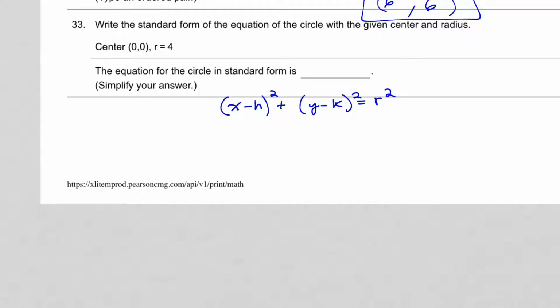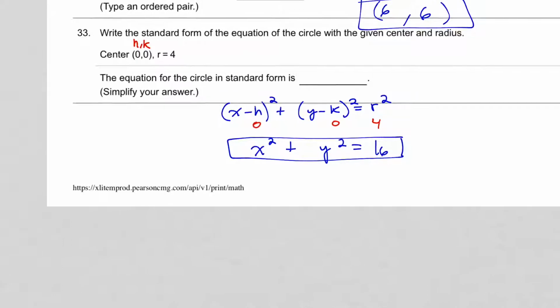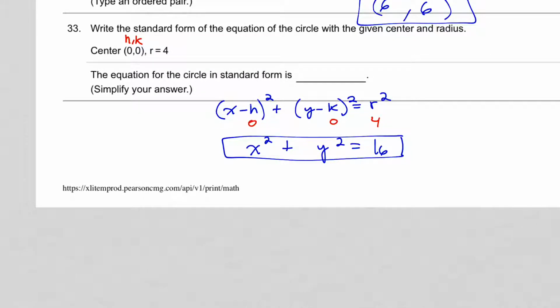So here we have our center h comma k, and we have our r, so we're going to put our h right here, k right here, and our r right there. So x minus 0 is x, so that's just x squared. y minus 0 is y, that's y squared, and 4 squared would be 16. And that is it for writing an equation of a circle using the center and the radius.